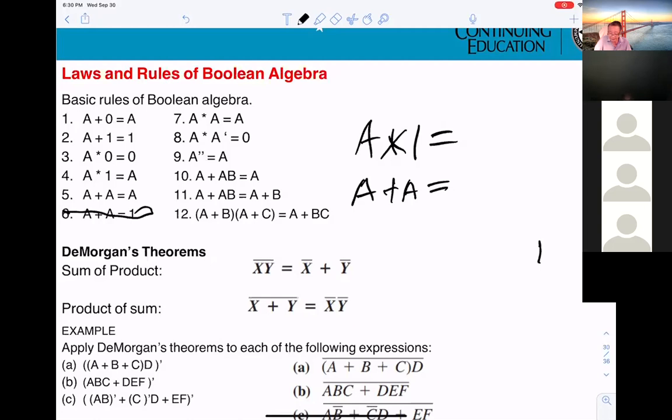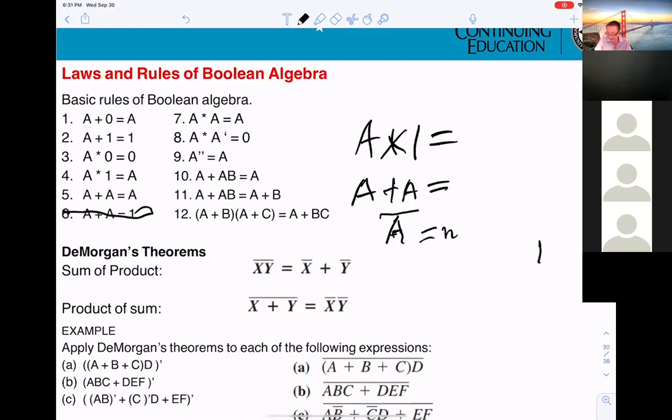Number 7. A times A, not A squared. A. Okay. Now, A not. Normally when you're reading the textbook, they put the bar over.